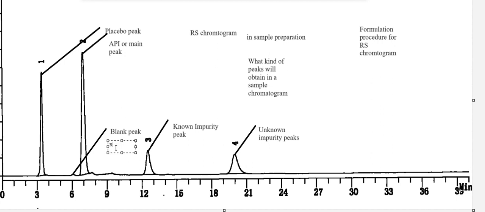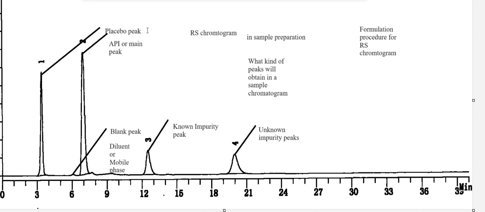The blank peak will be generated because of the diluent or mobile phase. In some cases the mobile phase will be the diluent. In these cases the blank peak will be generated because of this.